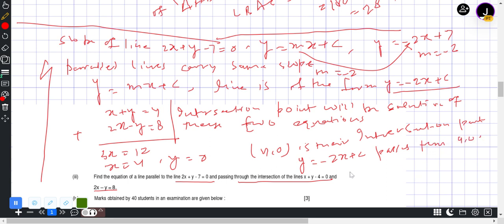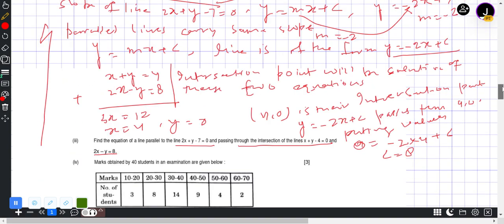So we'll put this value, y is equal to 0: 0 is equal to minus 2 into 4 plus c. That means c is equal to 8. So what is the equation of the line?